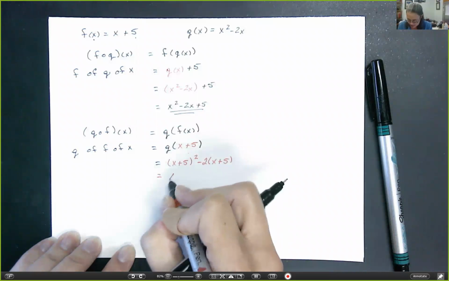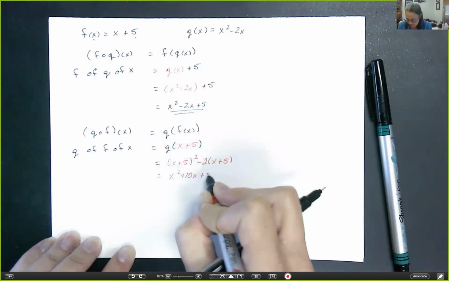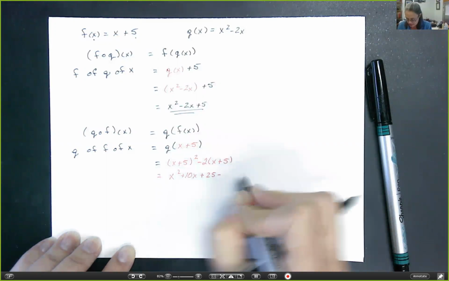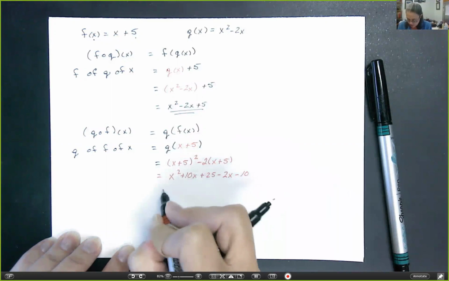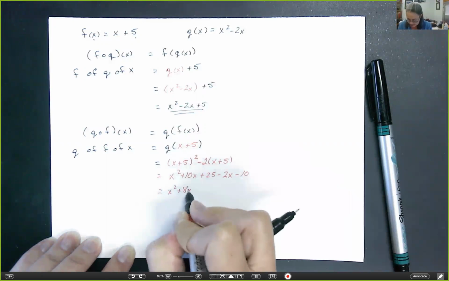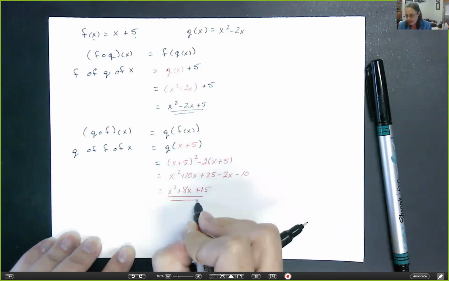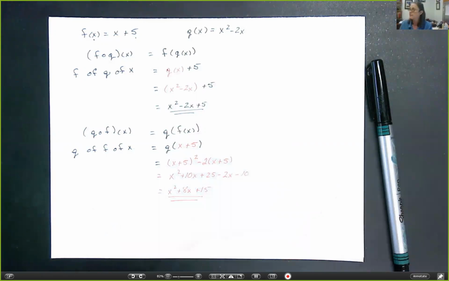This is x squared plus 10x plus 25 minus 2x minus 10, or x squared plus 8x plus 15. Not the same thing as F of G.